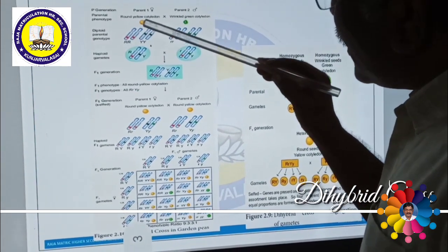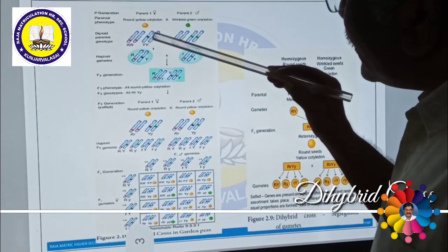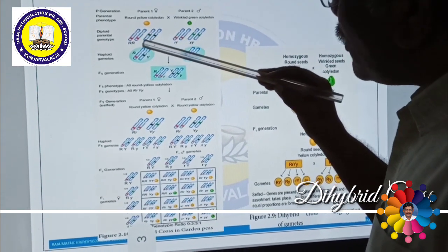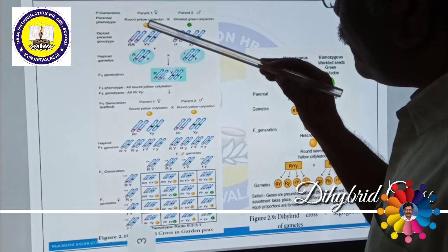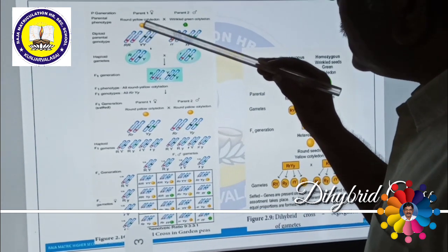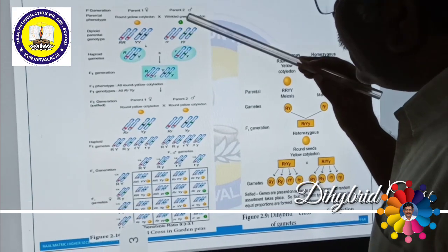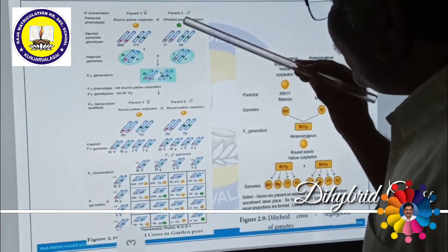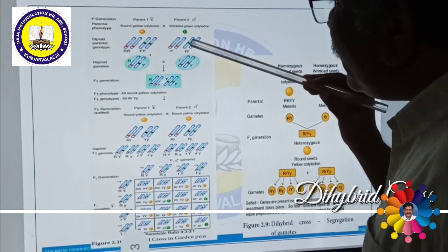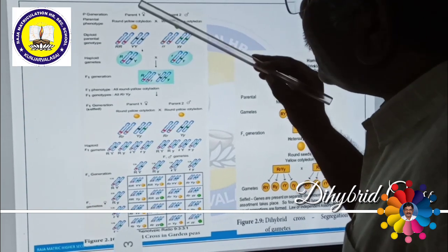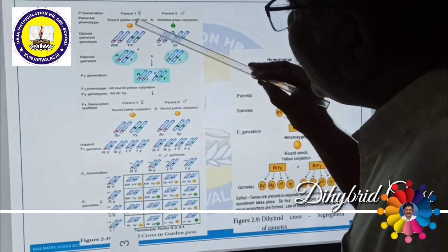Similarly, for the color of the seed, yellow is indicated by two alleles, capital Y, capital Y. Its contrasting character is green, which is small y, small y. Green would be G, but we should not give G. What is the characteristic feature of the dominant character?